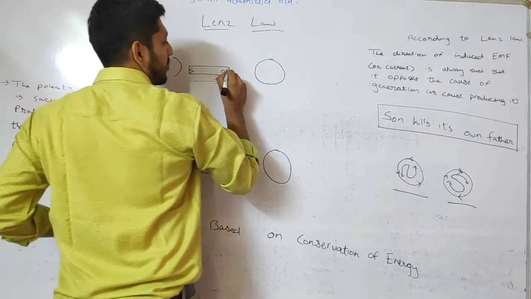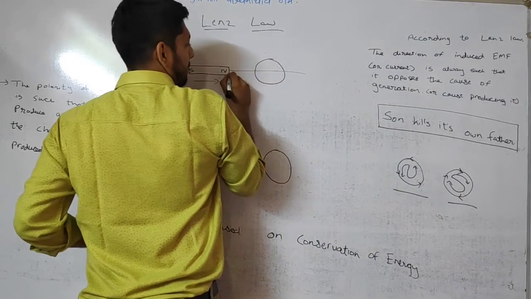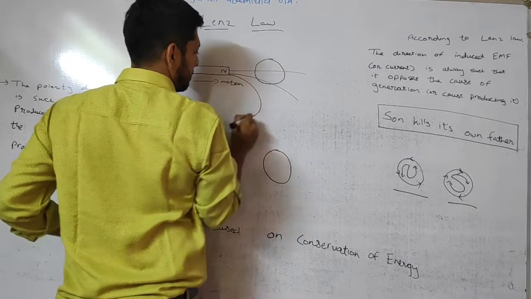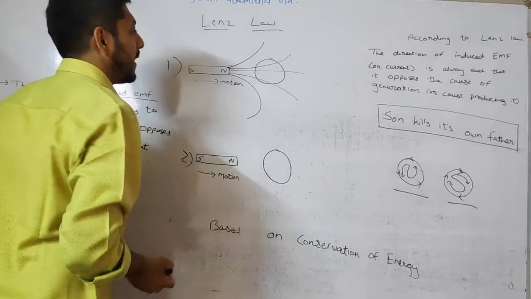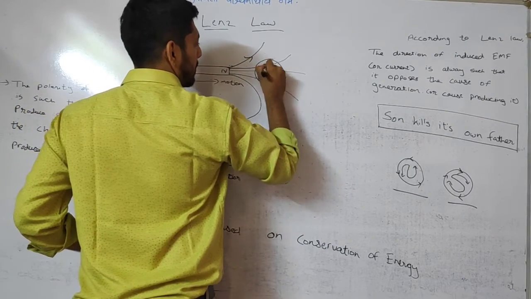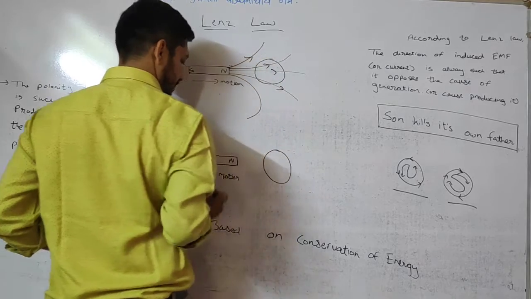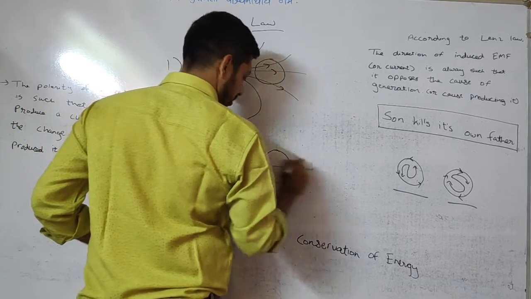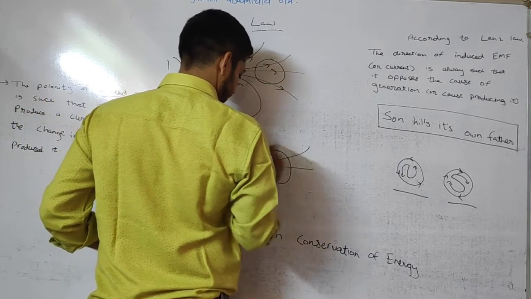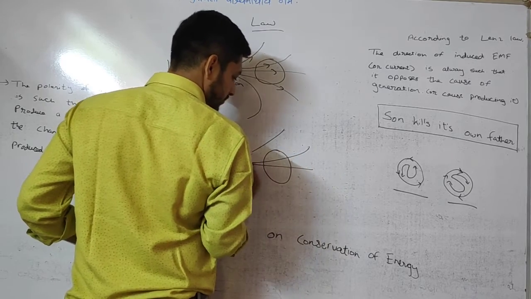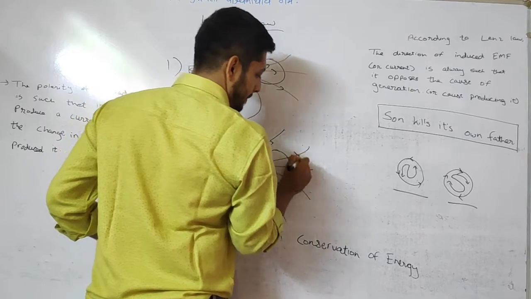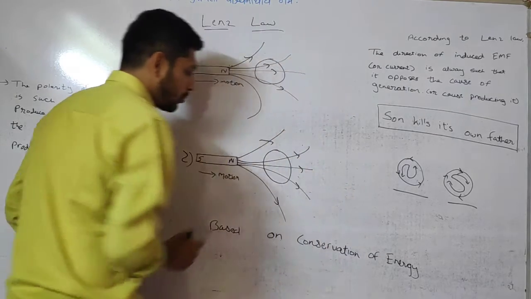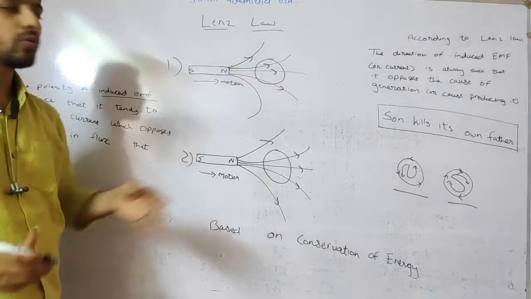From the magnet there will be magnetic field lines, coming out of the north pole. I will draw it here also. So in both conditions, magnetic field lines are going inside the coil.